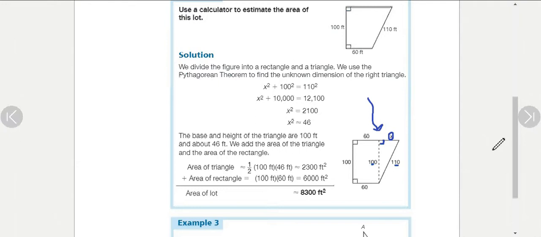So think of it as a triangle like this, right? You got your right angle, the height of 100, and we don't know the base, but we know the hypotenuse is 110. So we say 100 squared plus, we don't know, x squared equals 110 squared.